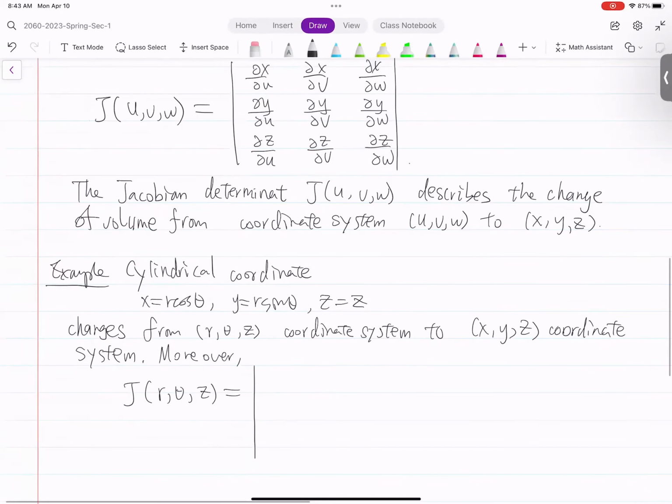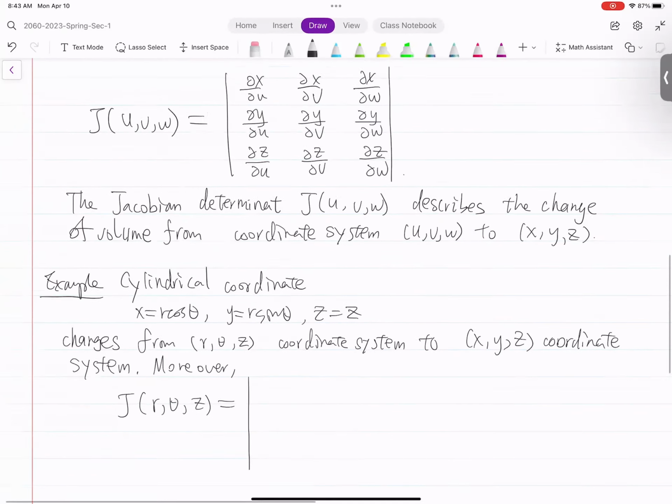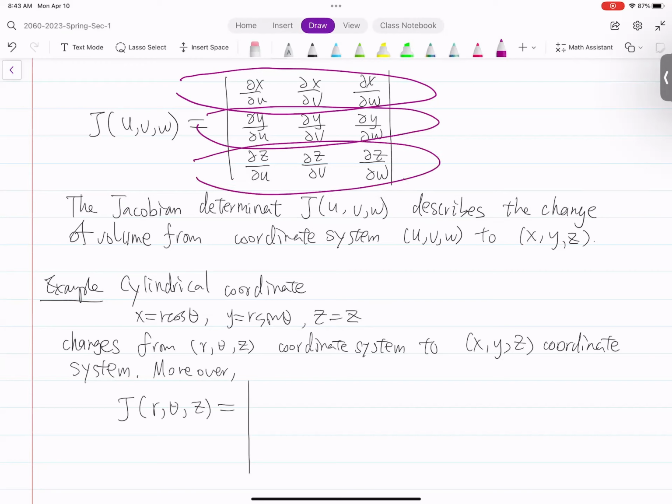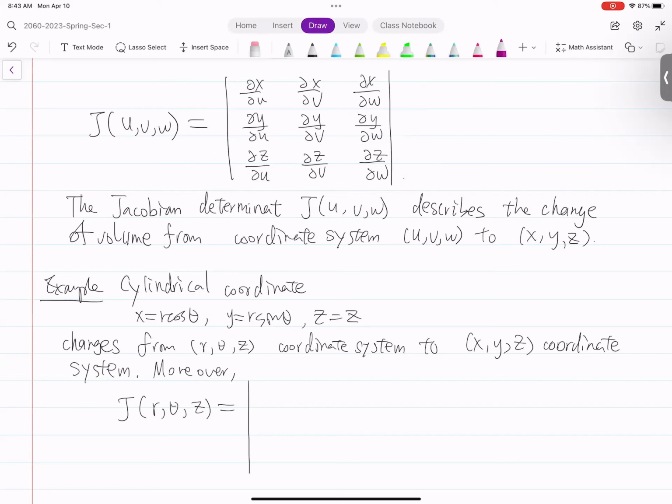So here, the first way of thinking about the Jacobian is that I put the first order partials of the first variable in the first row. For the second variable, I have everything in the second row. The third variable gives everything in the third row. But now, if you are doing the partials, you can also think about it this way.